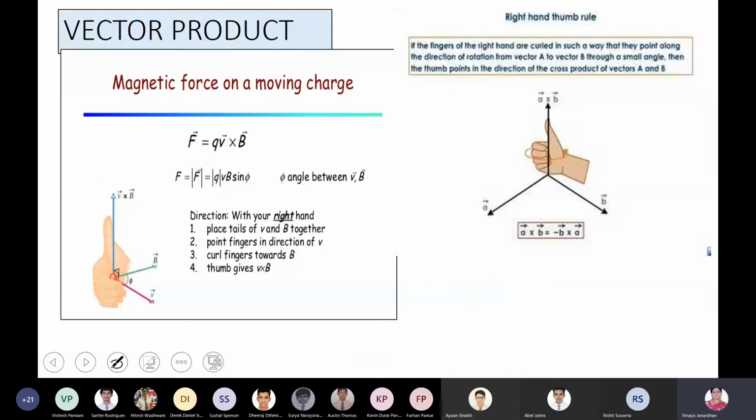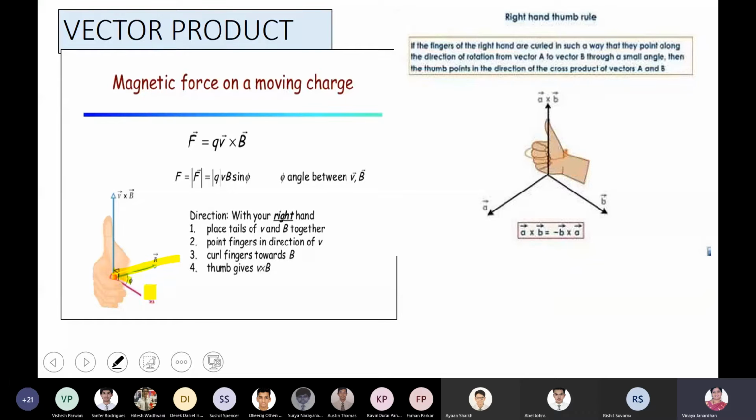Now look at this diagram. This will be the direction of B vector. B vector is your magnetic field vector. B vector represents the magnetic field. V vector, I can highlight. B vector is the direction of the magnetic field.